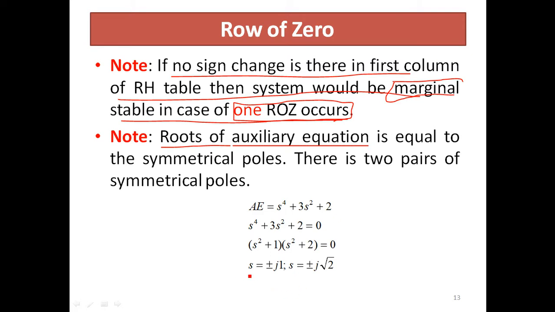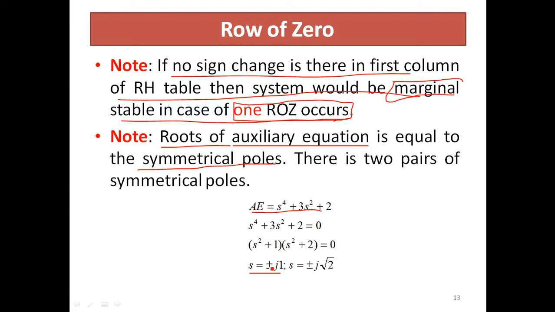You have determined the roots of the auxiliary equation and you got s equal to plus minus j1 and s equal to plus minus j under root 2. Roots are symmetrical poles to origin.